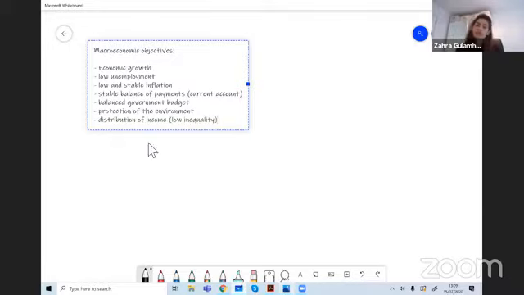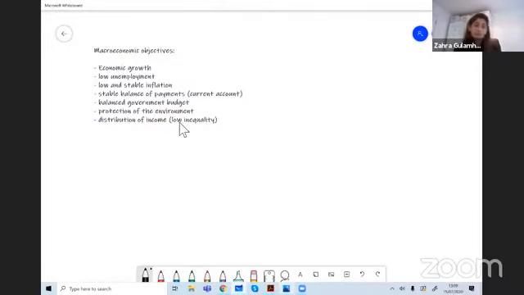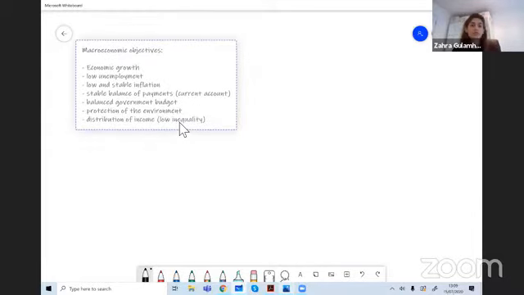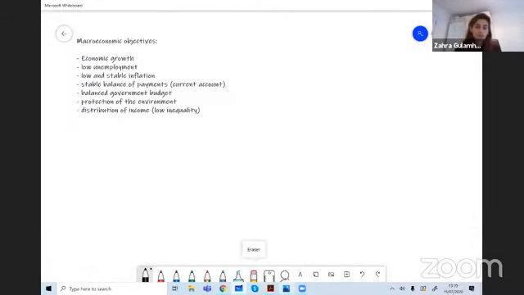Now, I'm going to look at each of these in detail, starting with the very first one, which is economic growth. When you're studying economic growth at this stage, you look at what economic growth is to start with.